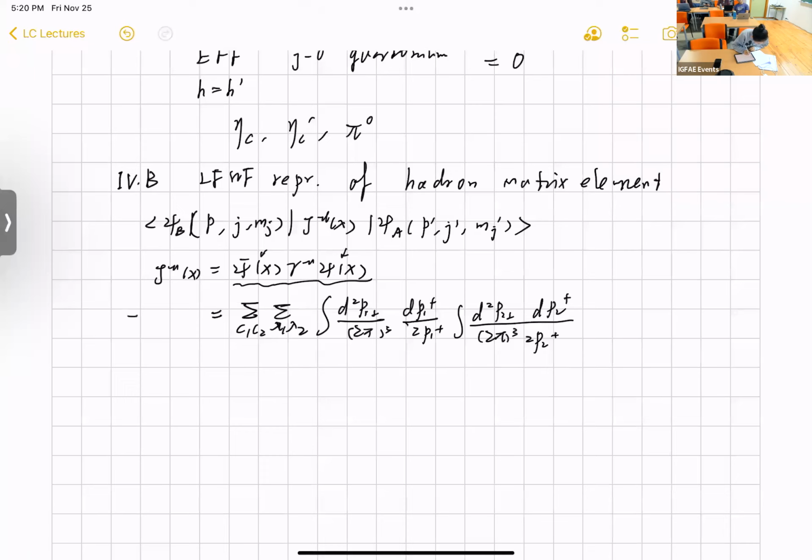You can find the expression for the fermion field expansion in equation 39, I think, of part 1 of the lecture.